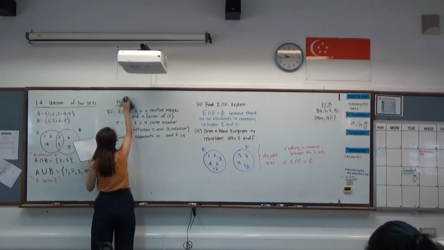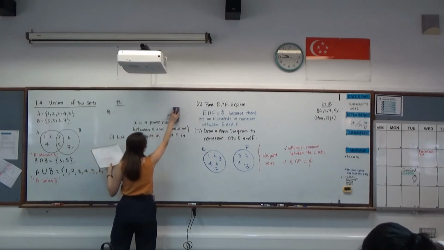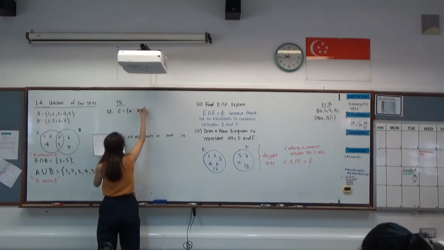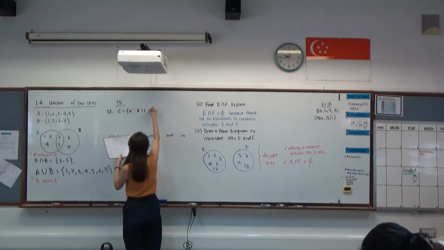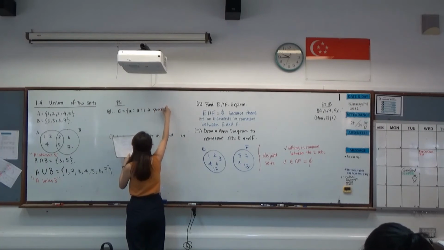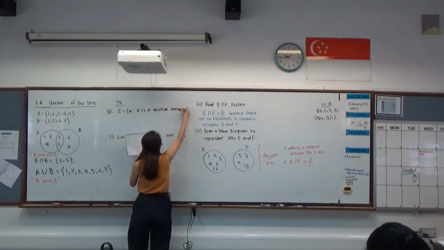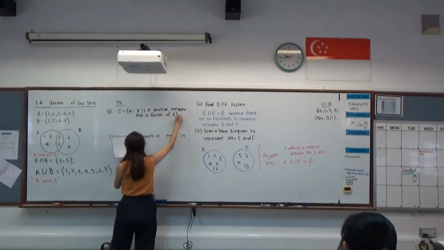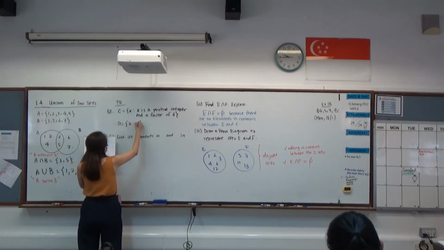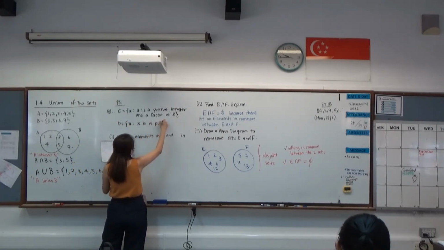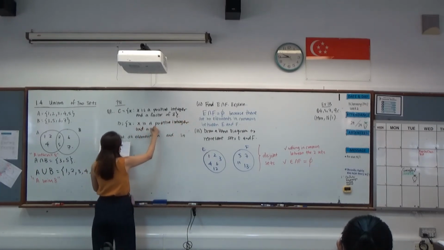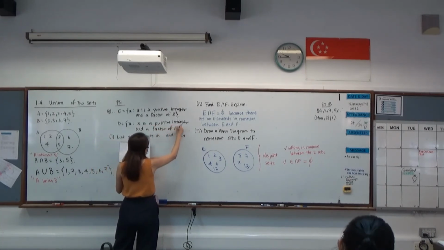Looking at Practice 6, question 1. We have the set C, which is a positive integer and a factor of 8, while D is a positive integer and a factor of 16.